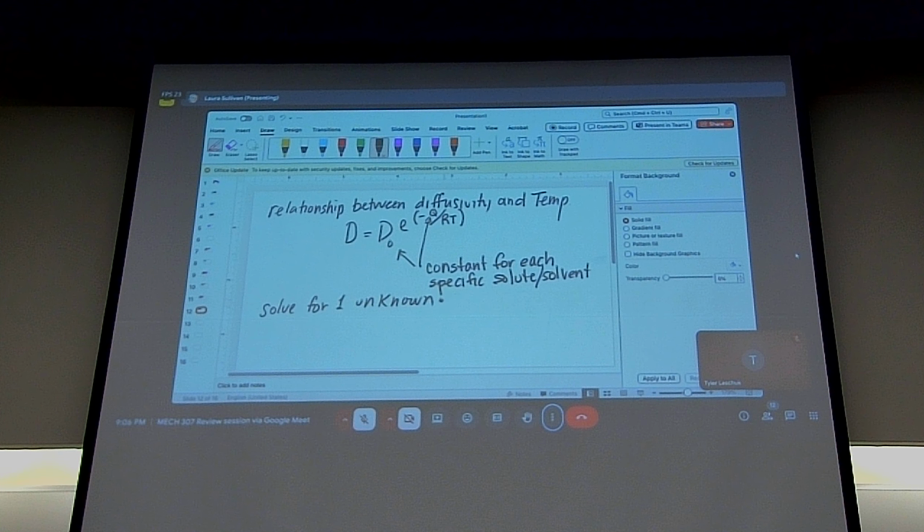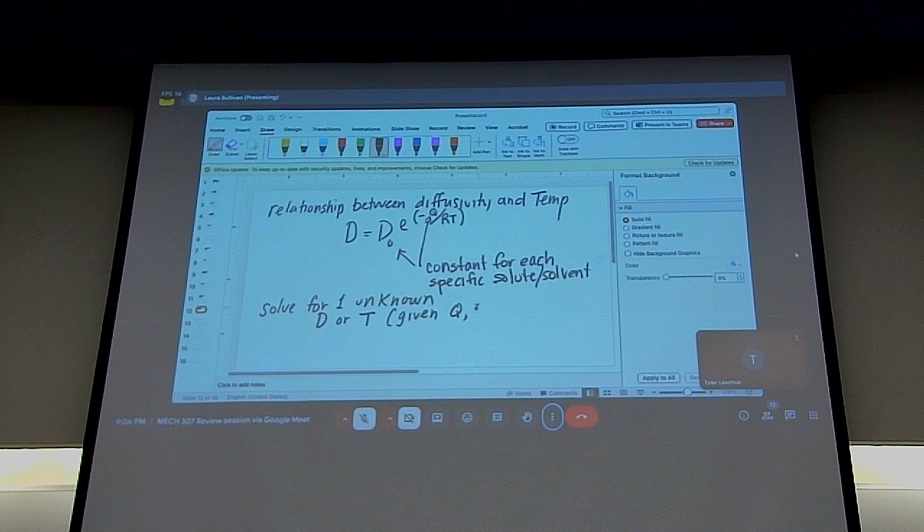And typically that's going to be D or temperature T. If you're solving for D, you can just use that equation as given, because you're given Q and D0. If you're solving for temperature, then you probably will be better off rewriting this equation so that you take temperature out of the exponent term.